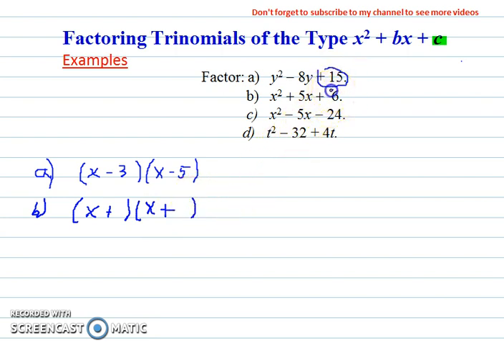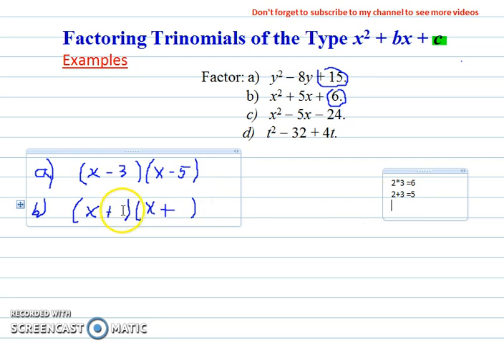We have 6 and we want a constant term that has a product of 6. That means we can take 1 times 6 or 2 times 3. 2 times 3 gives 6, and when we add 2 plus 3, it of course gives us 5.